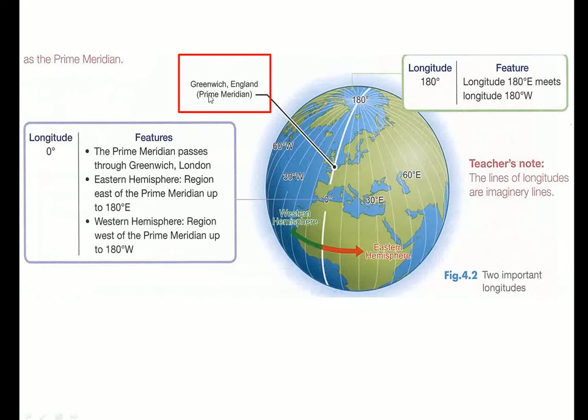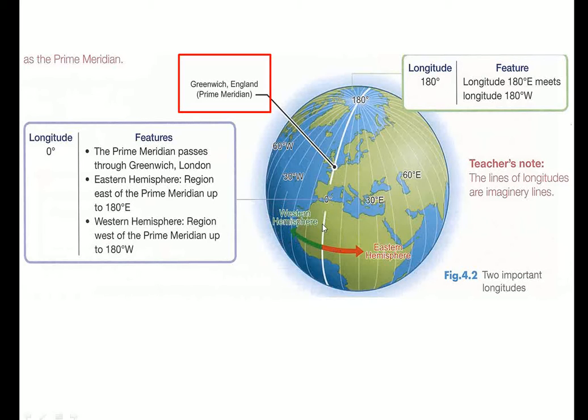As I have mentioned, it cuts through the Greenwich Observatory, 格林威治天文台. So this is the most important longitude. By using this longitude, we can divide the Earth into east and west, 東半球、西半球, Eastern Hemisphere and Western Hemisphere.